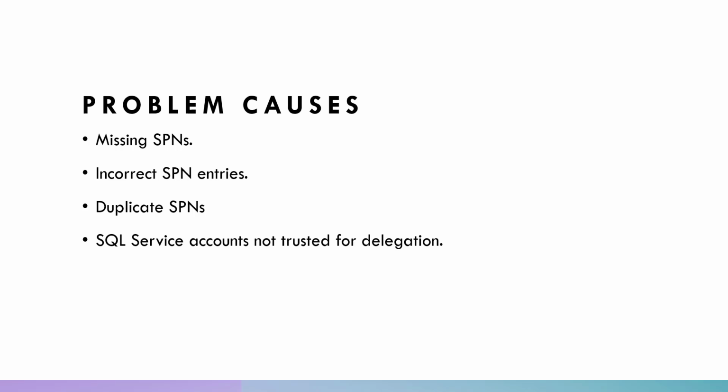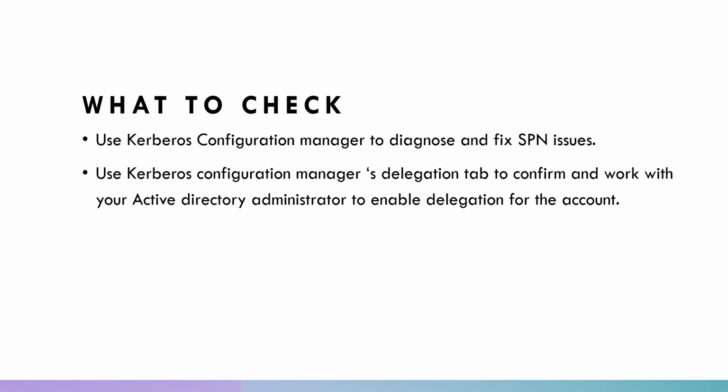It could also be due to duplicate SPNs, which means the same SPN exists on multiple accounts in Active Directory. It could also be that the SQL service account is not trusted for delegation. So if you are using the local system account, the middle server should be trusted for delegation in Active Directory.